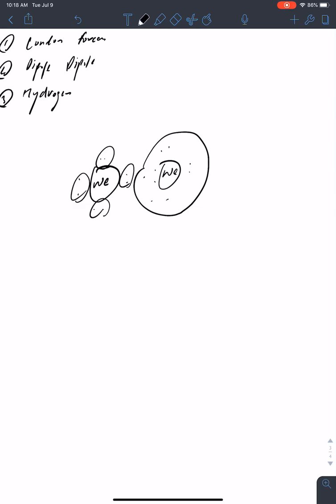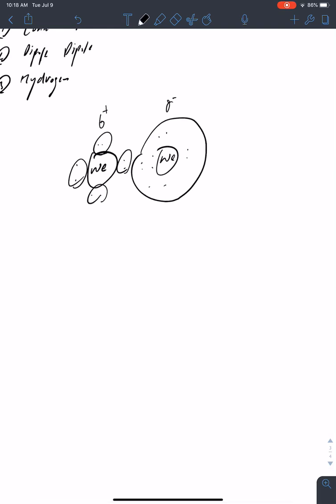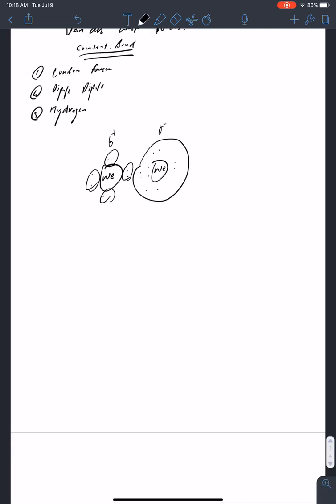So let's say there's 8, let's say it becomes 9 or 10. So when that happens, this is going to be partially positive and this is going to be partially negative. So this is a very minor polarity, we can't say this is polar.